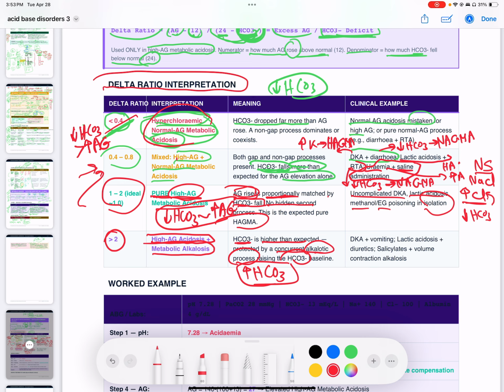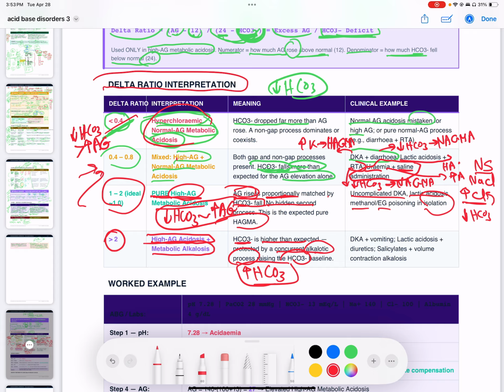It's the same if we remember the compensation, when we were calculating the respiratory compensation with Winter's formula, for example, and we find the PaCO2 is lower or higher than the expected compensation, we call it concurrent respiratory alkalosis or respiratory acidosis in addition to the metabolic acidosis.